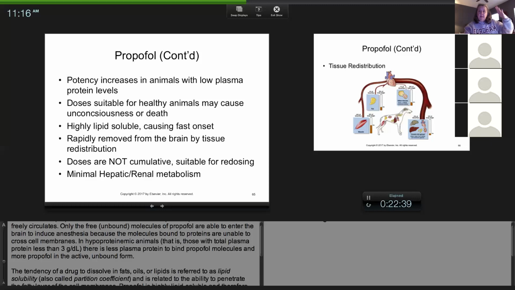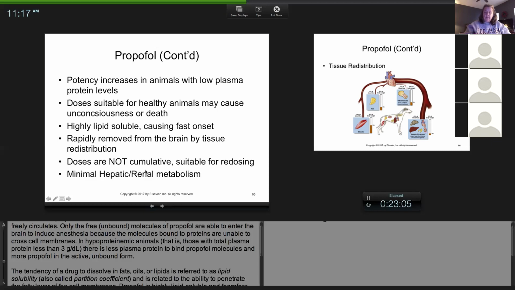When you stop giving it, it goes from a high concentration to a low concentration, back to the blood, and then it gets cleared from the system. So it's a very rapid induction, rapid recovery drug, it gives us flexibility. One thing that I love about this drug is that doses are not cumulative.